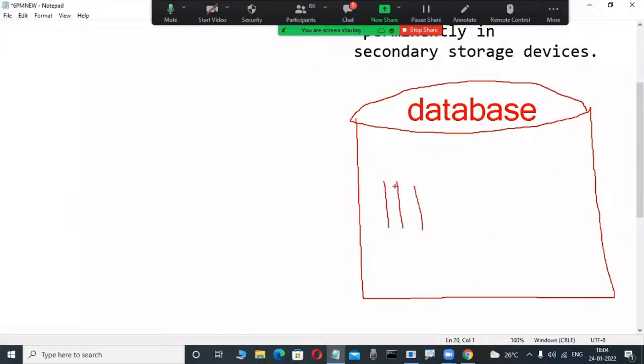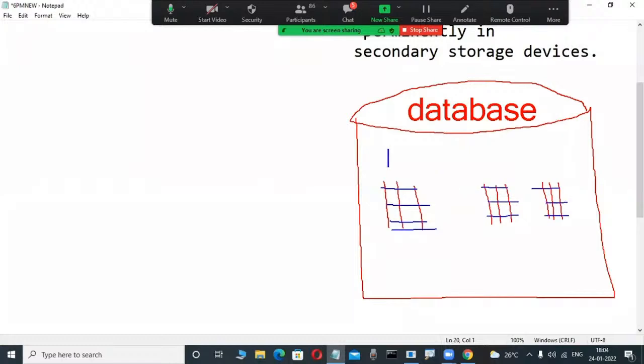Why? Because these databases are based on the concept of the relational data model, which I will tell you about today. Based on that only, these products are implemented, and they are called relational databases. Observe here, a structured collection of data is there.